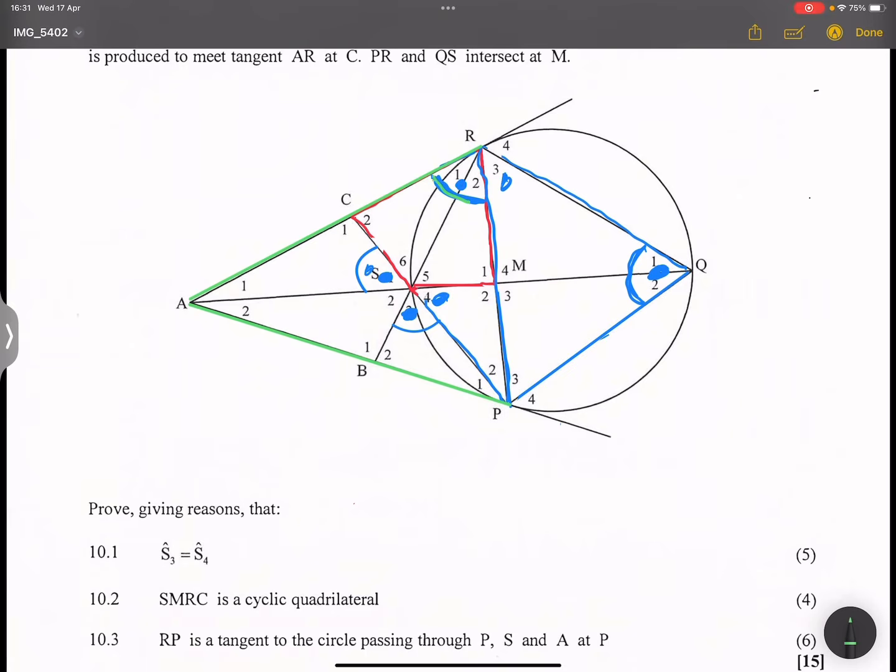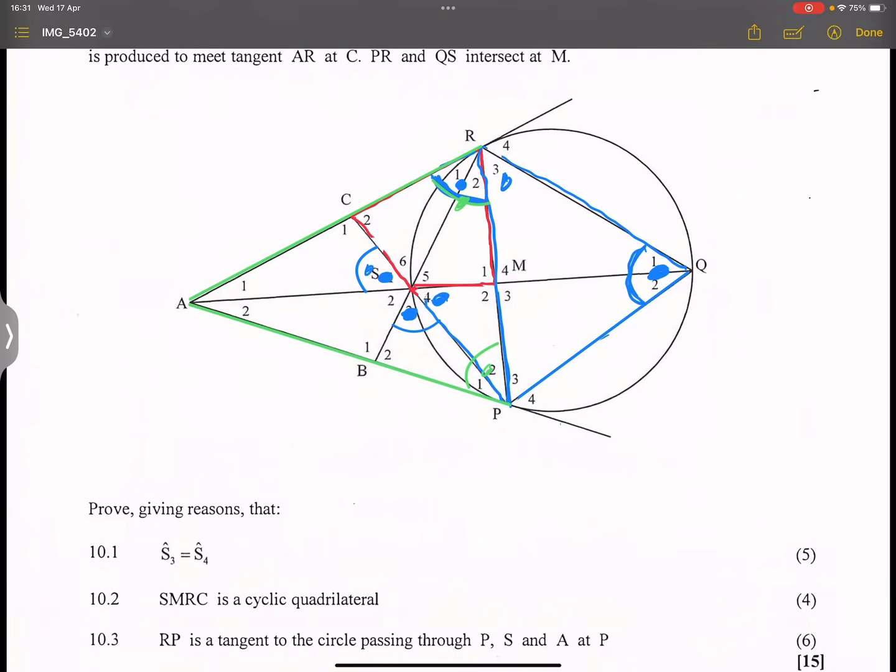That angle there would be equal to x, by the tan chord theorem, but that will also make this angle equal to x, because it is the base angle of an isosceles triangle. I hope that you're getting the hang of these base angles of an isosceles triangle.